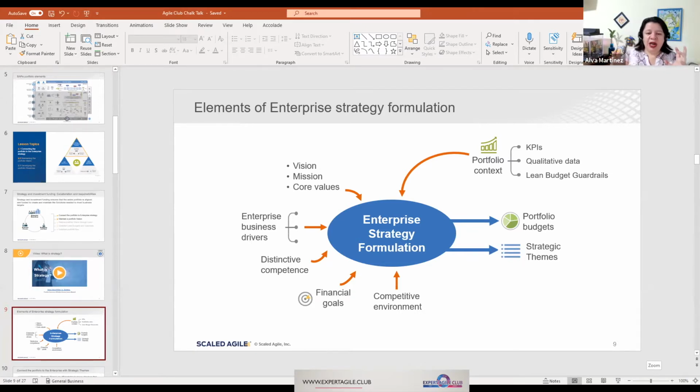Obviously, an enterprise has as input the vision, the mission, the core values of the enterprise, and the business drivers that lead that part. Your distinctive competency, your financial goals. Also, of course, you need to be aware of your competitors. That is another important thing.